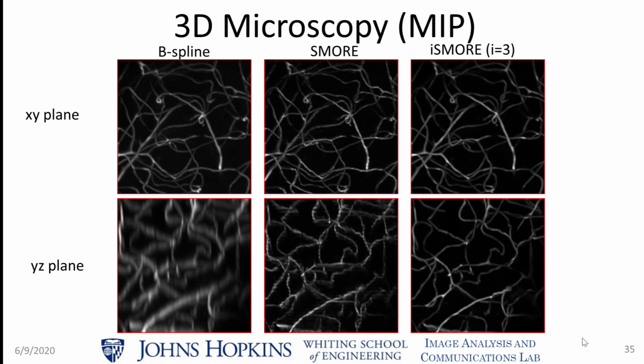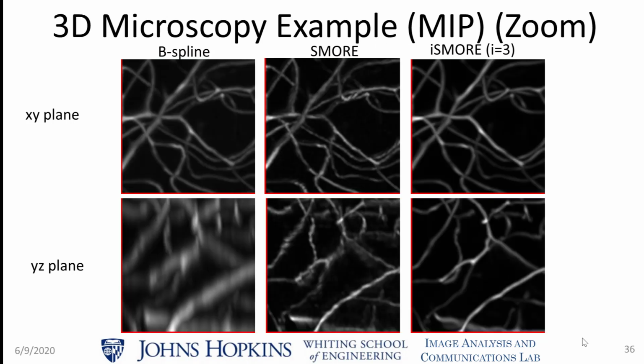So the first one shows you how degraded the resolution is in the through-plane direction, and how SMORE really does improve that resolution quite a bit, but you can see very strong evidence of this slice inconsistency in its application, and also not really as high a resolution as you would like to see in the through-plane direction. So in the third application, though, the in-plane and through-plane looks very, very similar.